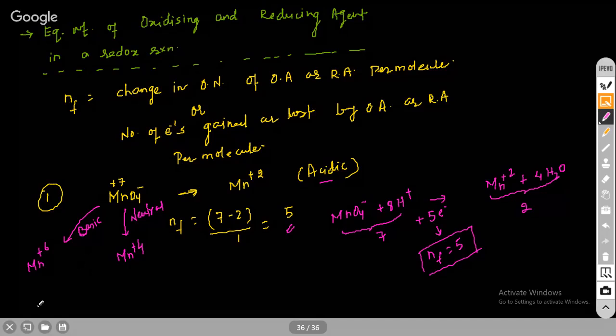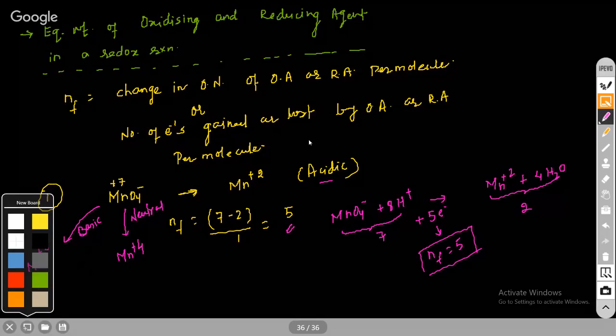Okay, next example. Second one, suppose I am taking Cr2O7 2 minus. Cr2O7 2 minus converts into Cr3 plus in acidic medium. This you must memorize again.